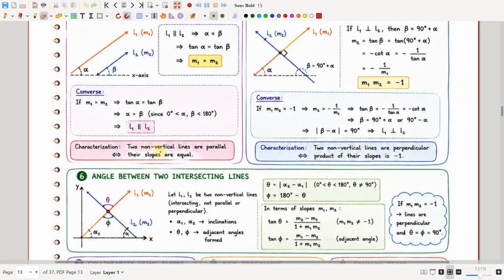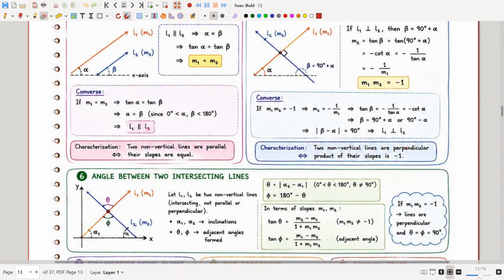If two non-vertical lines are parallel, then their slopes will be equal. If slopes of two lines are equal, then they will be parallel. It goes from left to right and from right to left. Similarly, if two non-vertical lines are perpendicular, then the product of their slopes will be -1. If the product of slopes of two lines is -1, then the lines will be perpendicular.